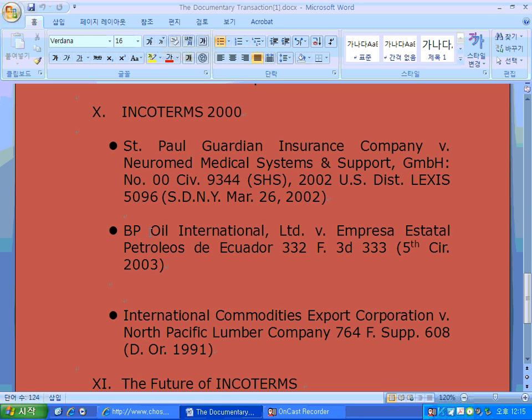In that arrangement, the export tariffs should be borne by the seller in terms of expense, and the inland transportation will be paid by the seller unless otherwise stipulated by the parties.